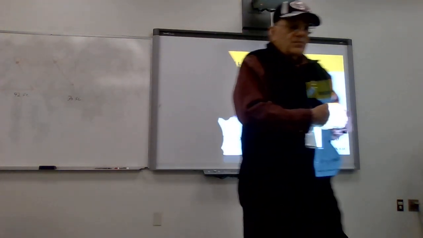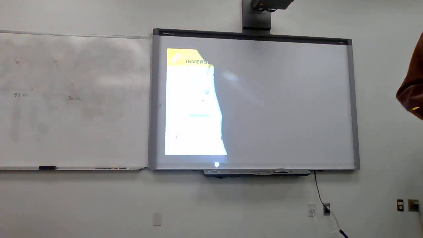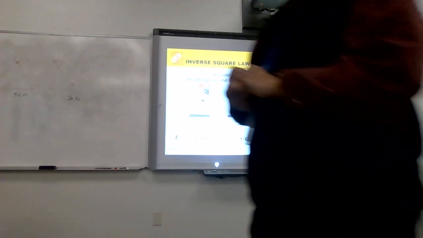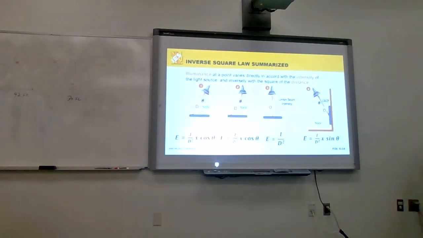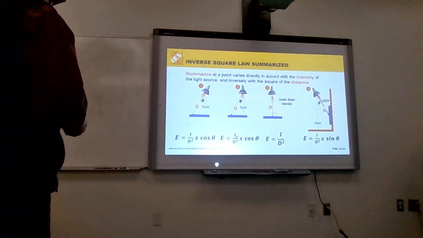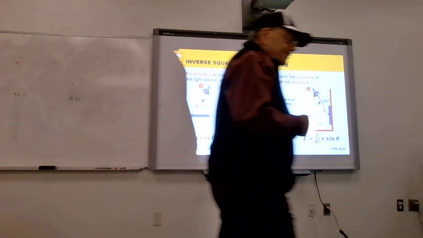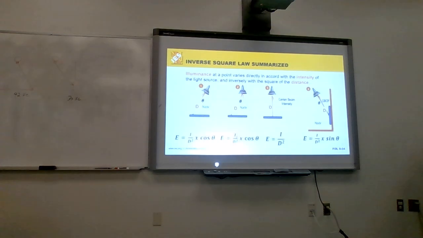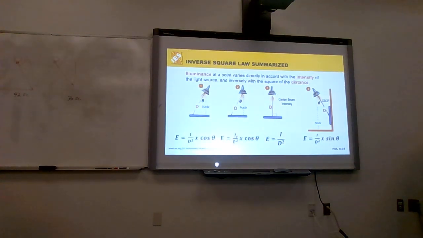If the distance, instead of 10, was 15, would it be 15 times 15? Right, 225. You can see how that would change. Are you with me on this? Yeah. Pretty easy.